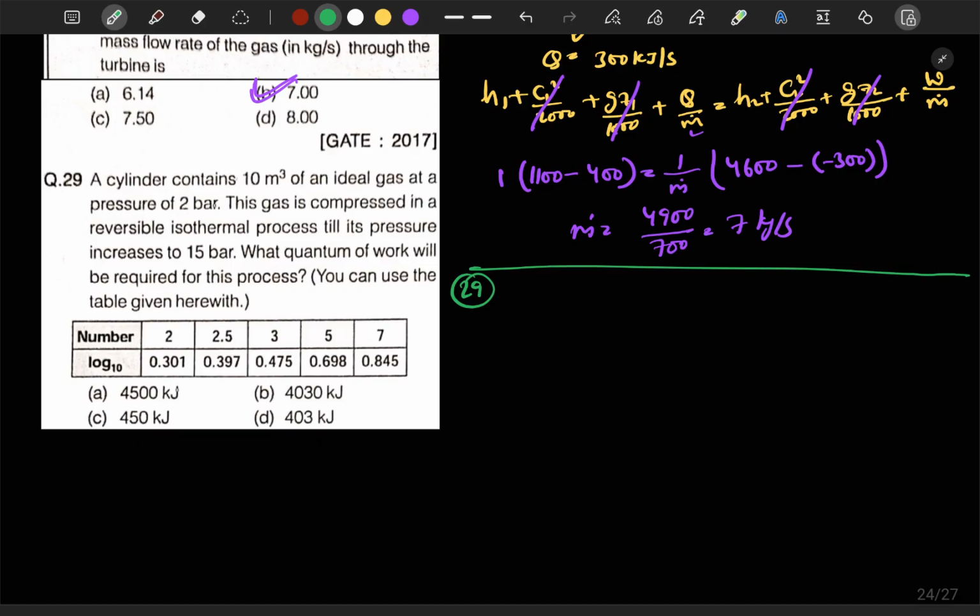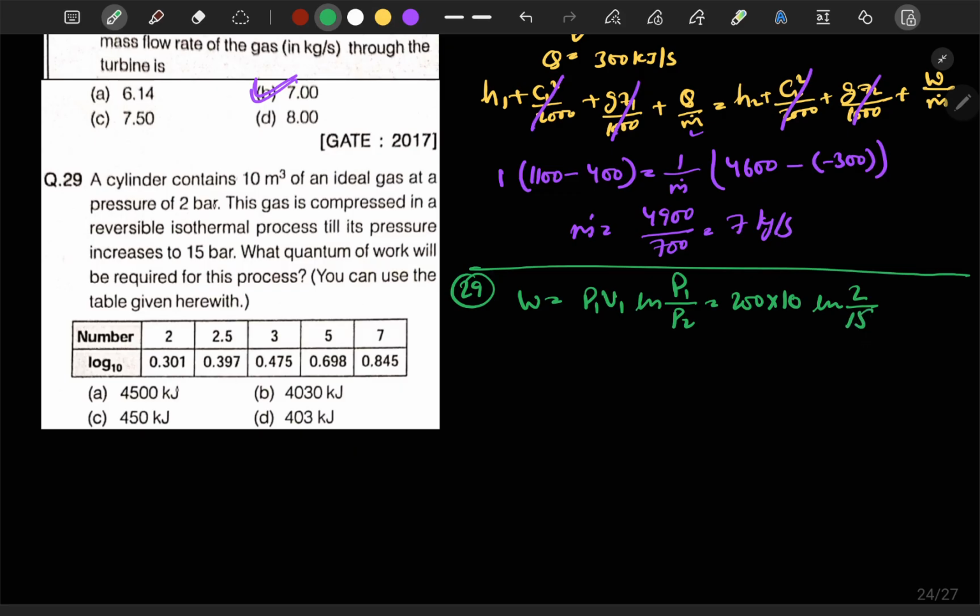The work done on the gas will be equal to P1 V1 ln of P1 upon P2. So we have been given P1 is 200 kilopascal, V1 is 10, and P1 upon P2 is 2 bar upon 15 bar.